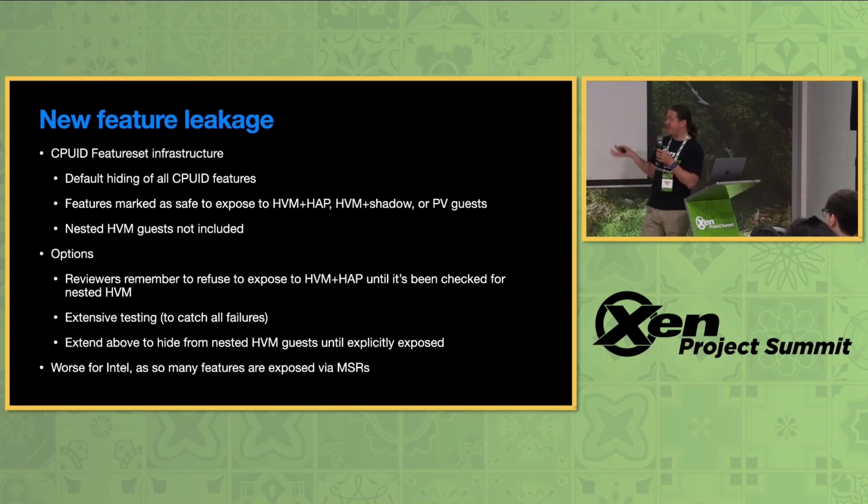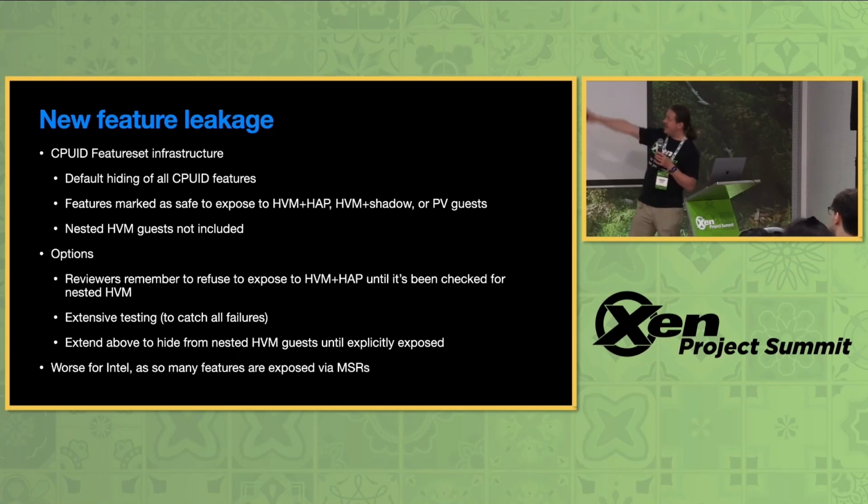So, options here: reviewers can just remember to refuse to expose new features to HVM plus HAP until they've verified what happens in the nested virt case. We can do extensive testing where we make sure every new feature is tested both in L1 and L2.